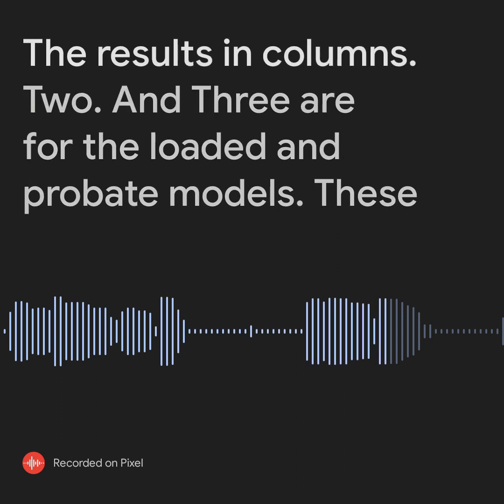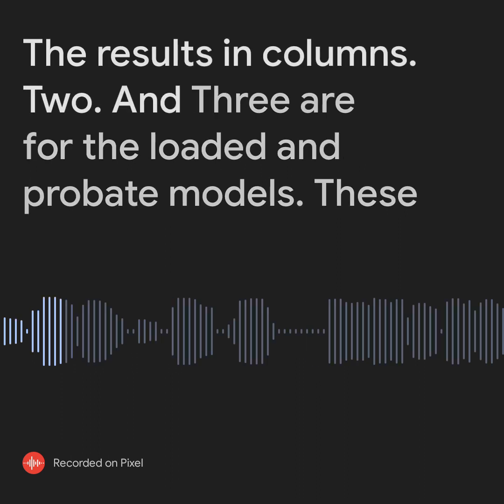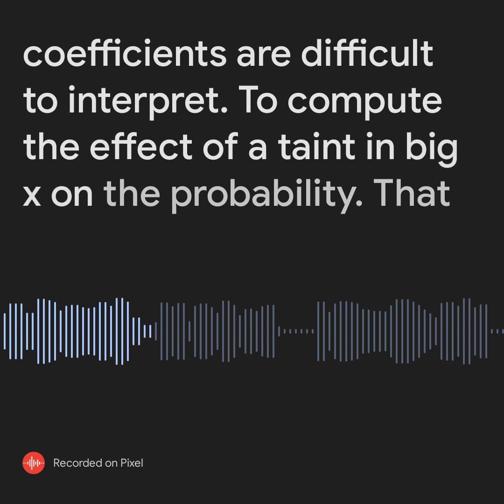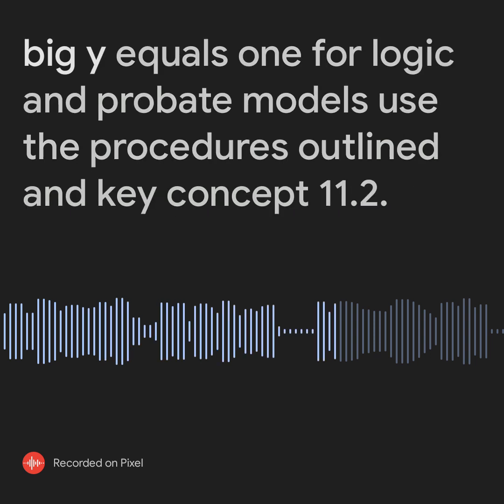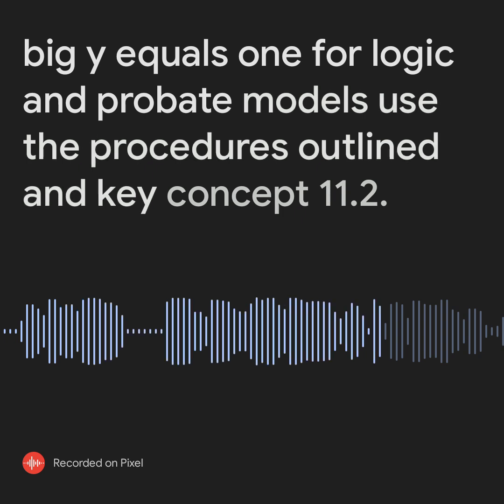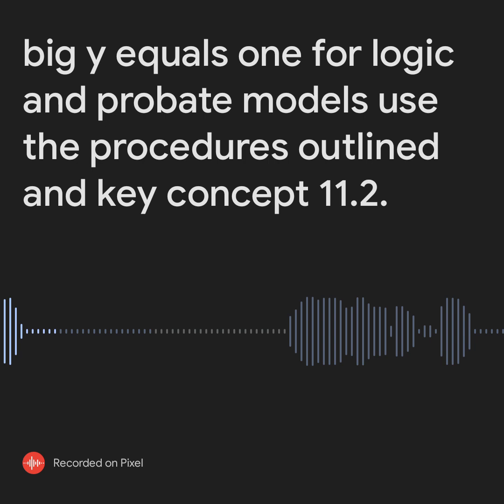The results in columns 2 and 3 are for the logit and probit models. These coefficients are difficult to interpret. To compute the effect of a change in big X on the probability that big Y equals 1 for logit and probit models, use the procedures outlined in key concept 11.2.